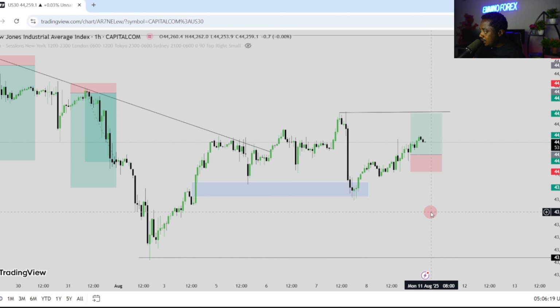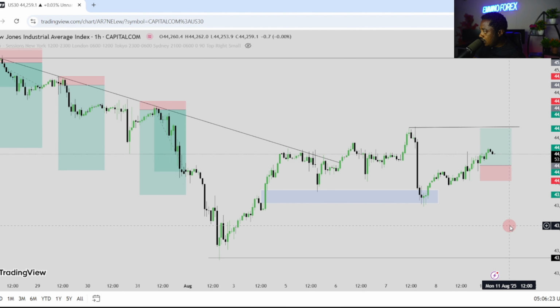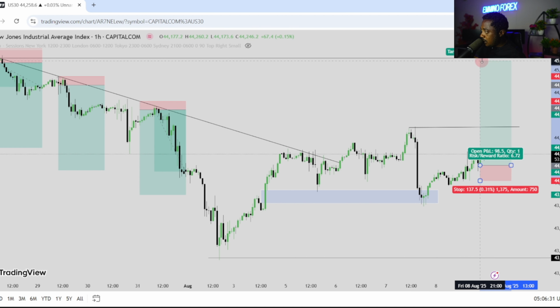I'll be buying in this place. My first target will be this internal liquidity, and my second target will be the external liquidity. So this is a high probability setup. It's an A plus setup for me.